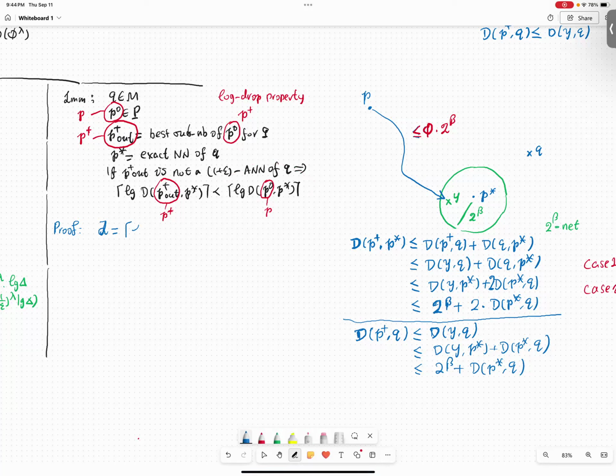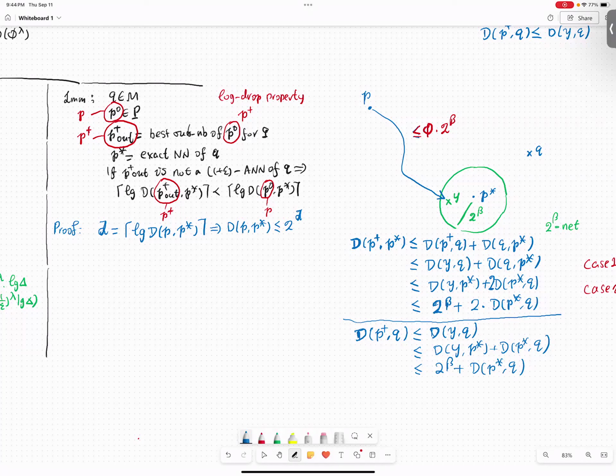Now let's write it down. So I have this, D, P, and then P star. This is alpha. And because of this, this allows me to write that this D P star is bounded by 2 to the power of alpha.